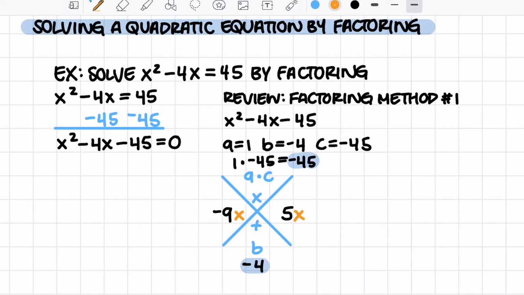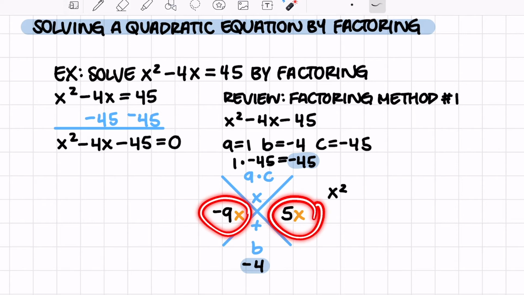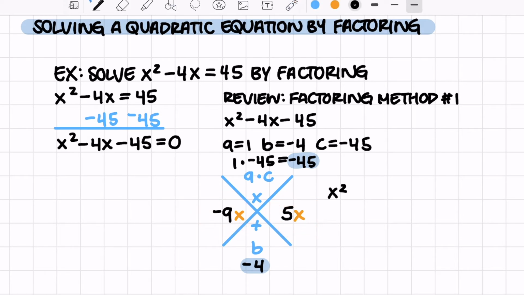So when I write down my new equation, I'm going to take the first term from our original expression, the x to the power 2. Then I'm going to take my two new terms, the -9x and the +5x.